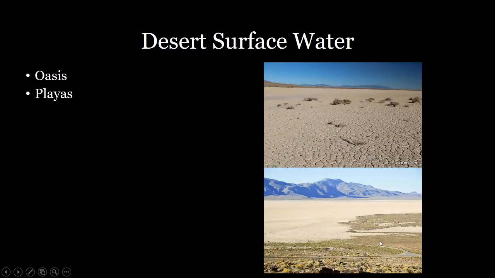Next, we have playas. So playas are just dry lake beds. They tend to be very expansive, very flat regions, usually with a lot of mud. You can see the mud cracking here, where it's kind of a dead end for water flow.